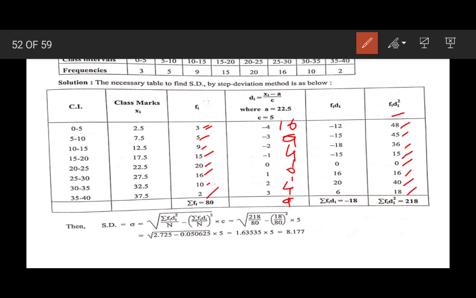Okay, so I got this f into d square values. Then I have to total this column. So total of f into d square is equal to 280.